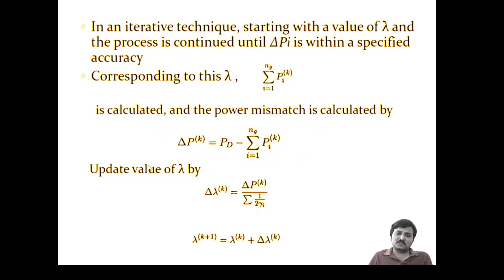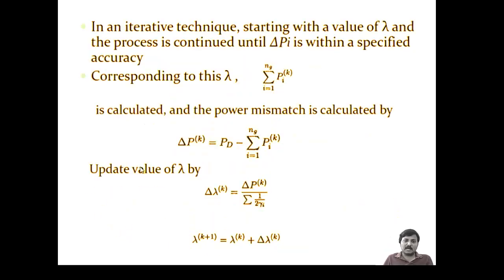If the power mismatch is within the tolerable limit, then we finalize that value of lambda. Otherwise, delta lambda k is equal to delta Pk divided by the sum of 1 by 2 gamma i. The updated value, lambda k plus 1, is equal to lambda k plus delta lambda k.